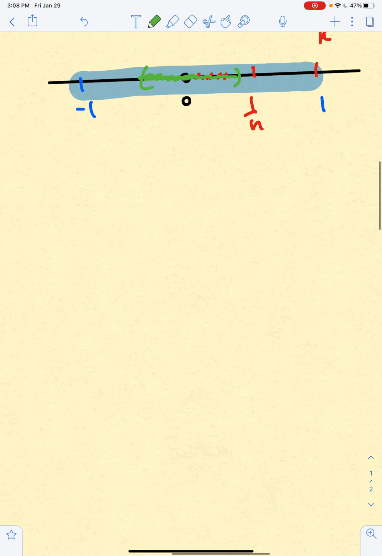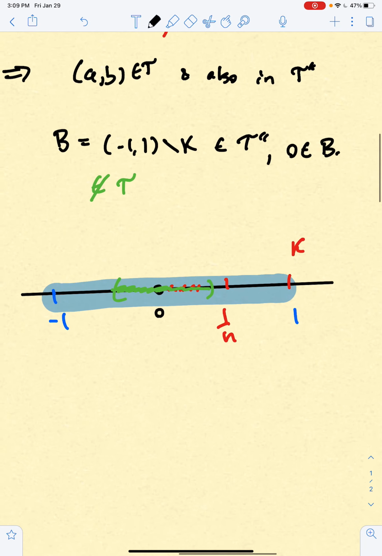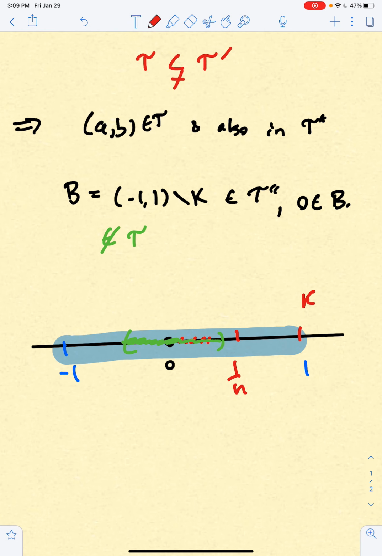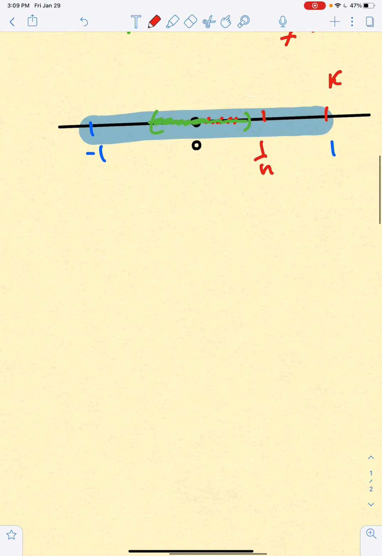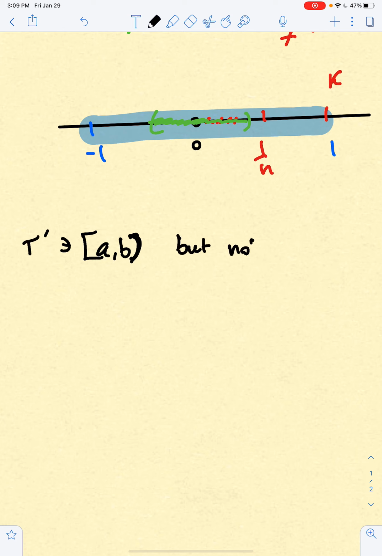To see why they're not comparable, what did I just prove here? We proved that tau is a subset, but not equal to, tau double prime. To see that they're not comparable, note that this is always going to be open in tau prime, but not in tau double prime.